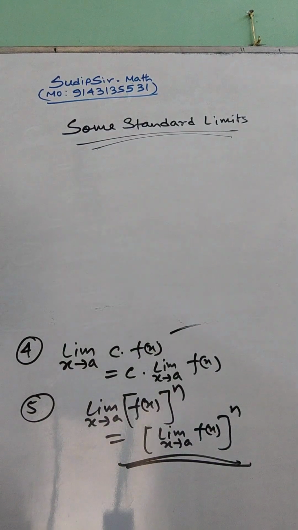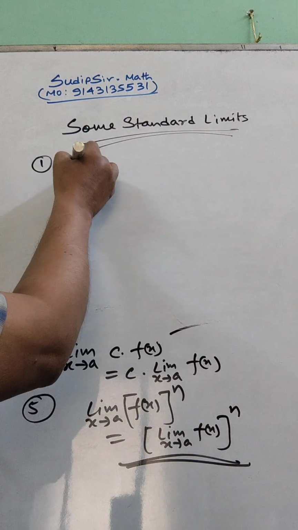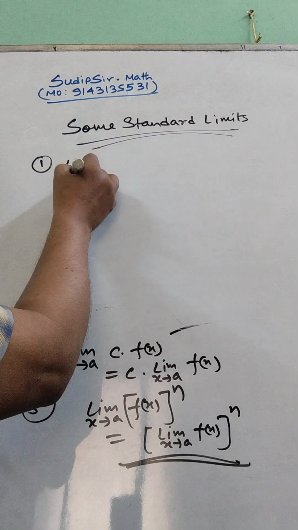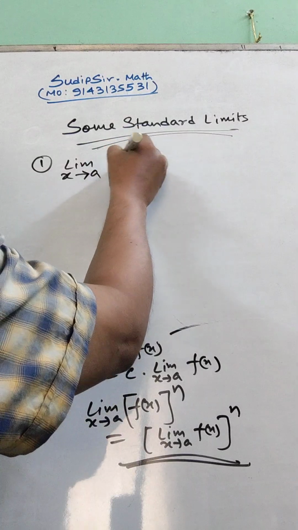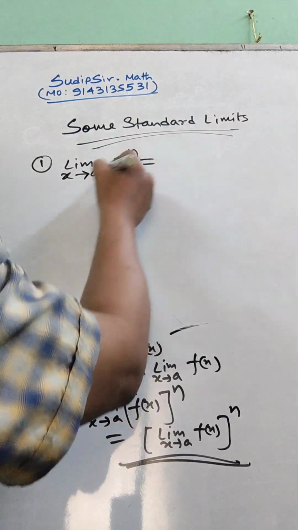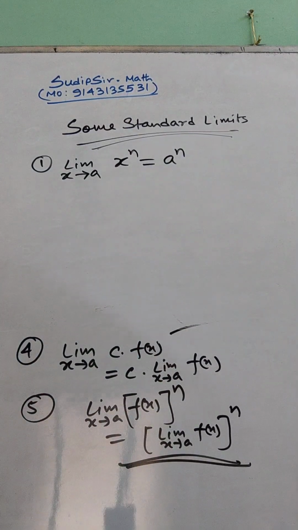We have to follow these formulas of limits. Simply, the limit as x tends to a of x to the power n: just put a here, so it is a to the power n.